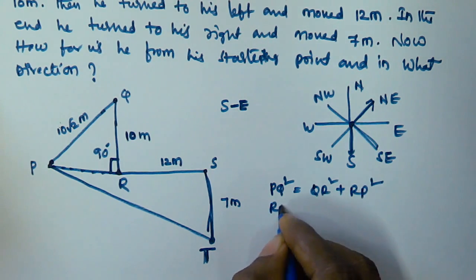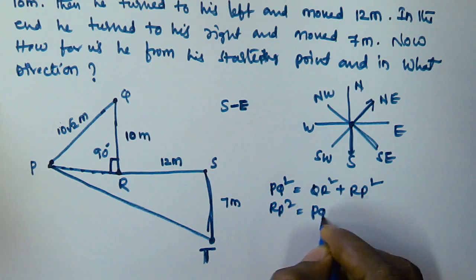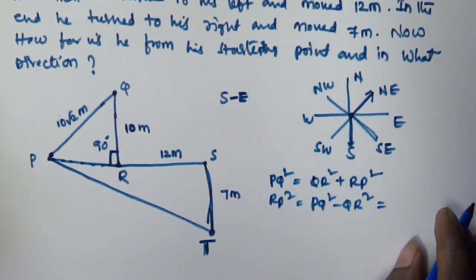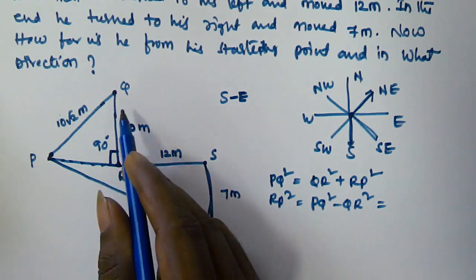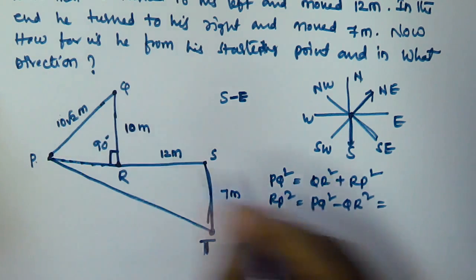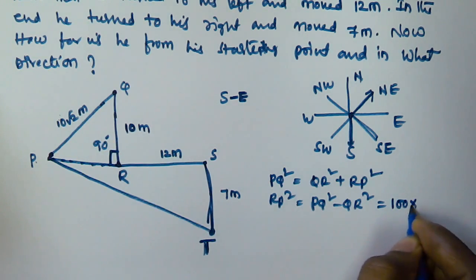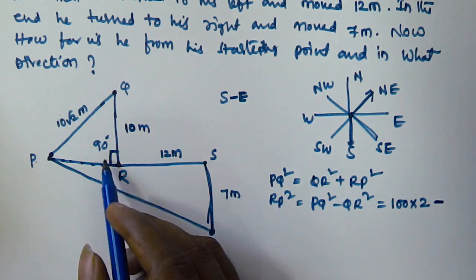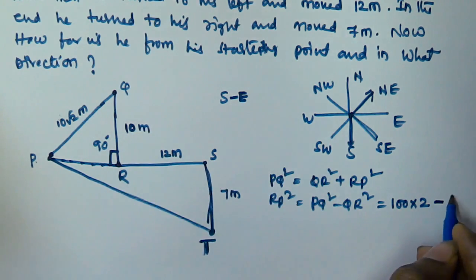So RP square is equal to PQ square minus QR square. RP square is equal to 10 root 2 square, which is 100 times 2, minus QR square, which is 10 square, 100.